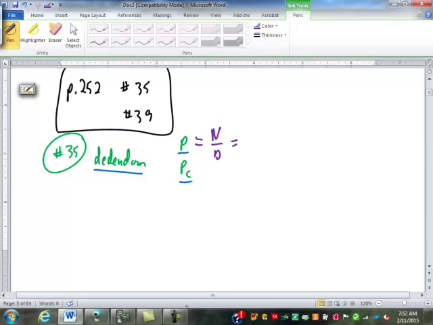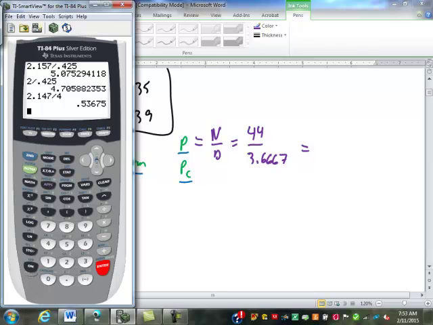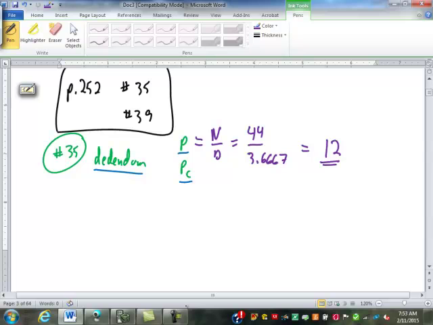So for this one, we have 44 teeth and a 3.6667 inch pitch diameter. So that's going to round to a pitch of 12 for this gear.